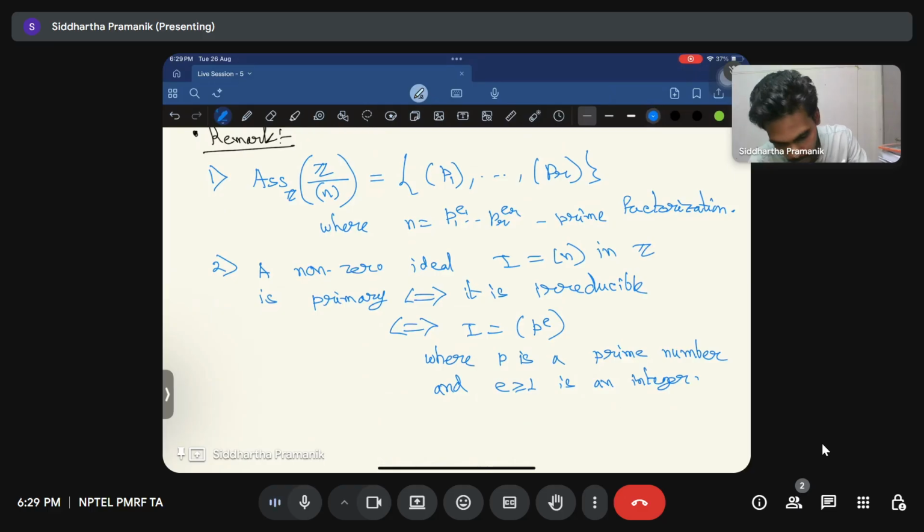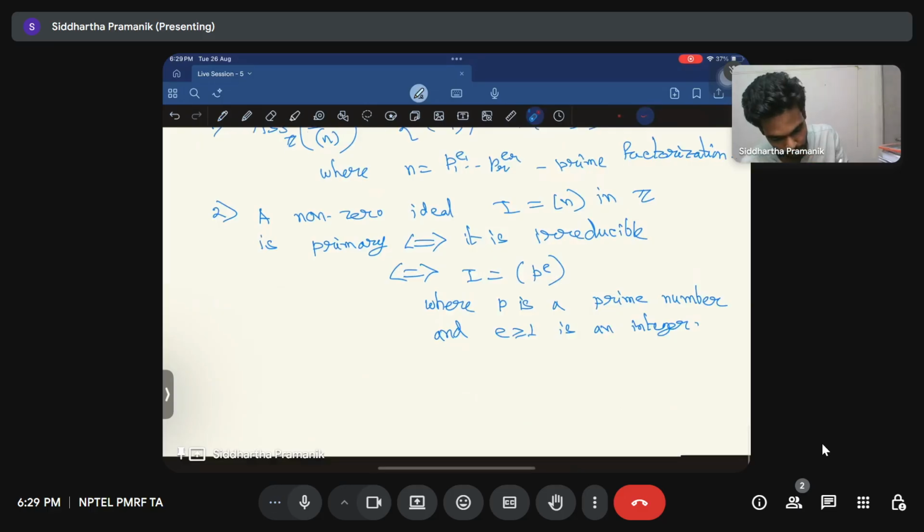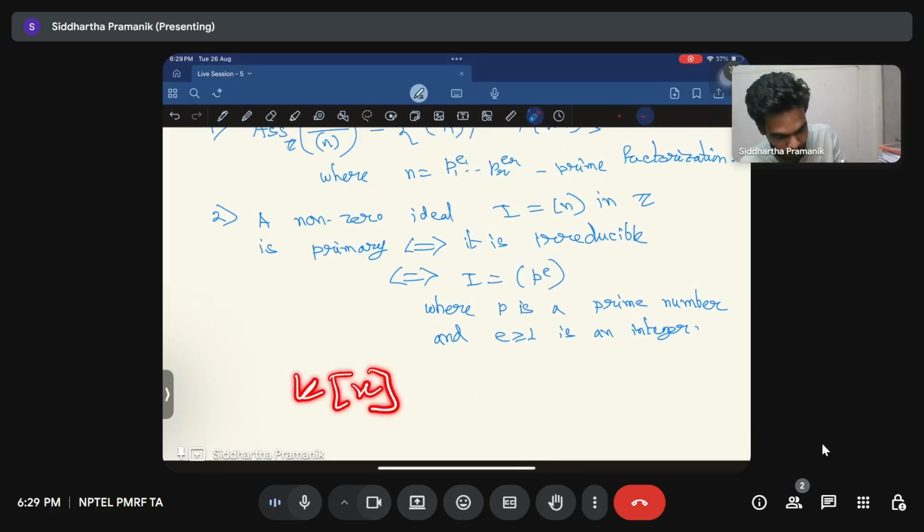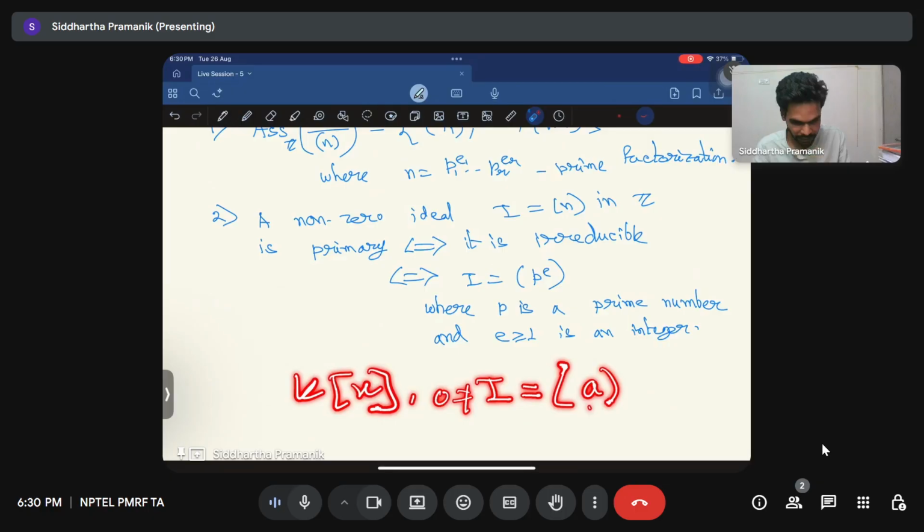And one more thing we can also conclude, which I will not write, but I will tell. If we take the polynomial ring in one variable, this is also a principal ideal domain. So if we take a non-zero ideal I, it has to be generated by a single element, because it's a principal ideal domain. Now if you take the element A and write its irreducible factorization, it has the form P1 power E1 up to PR power ER.